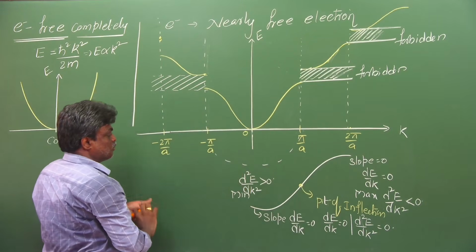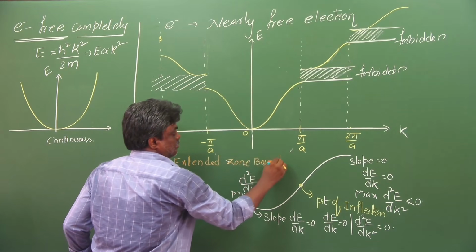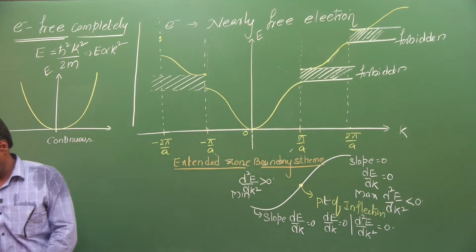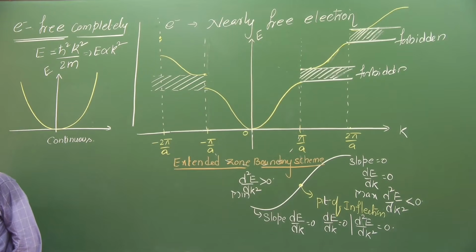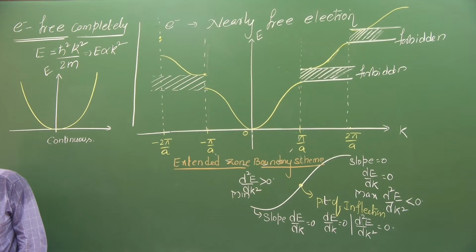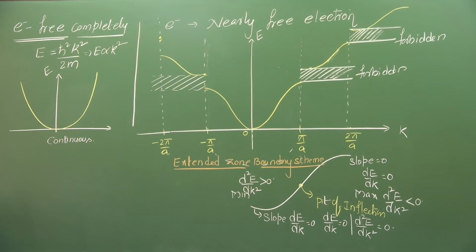So this is called the extended zone scheme. But my request, read the book once and leave it.